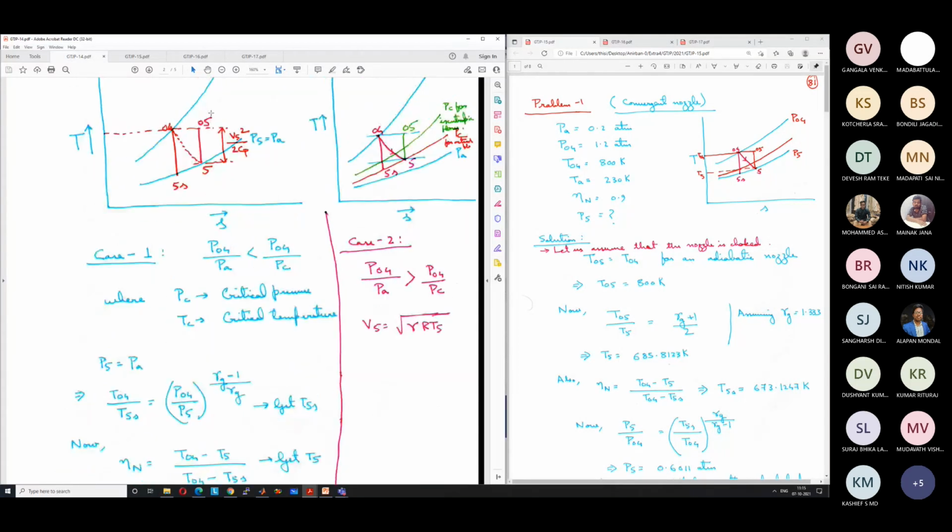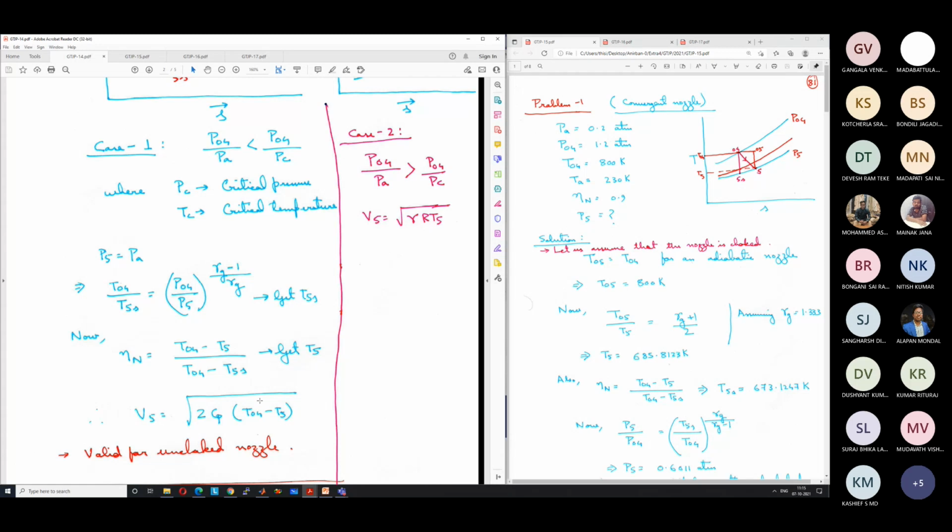Even with frictional losses also, stagnation enthalpy does not change, right? Ultimately frictional losses manifest as heat itself. So as a result, the total thermal content of the fluid does not change. Energy content of the fluid does not change. So H05 is equal to H5 plus V5 square by 2 Cp.